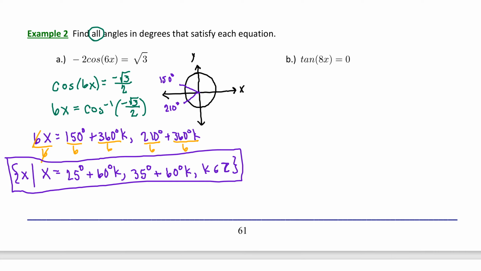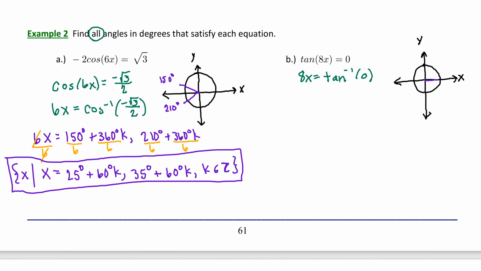All right, let's try a tangent equation. On example 2b, notice the tangent function is already isolated, so we can immediately apply inverse tangent to both sides. So 8x will be evaluated as inverse tangent of 0. So I need to find the angles on one rotation of the unit circle in degrees where tangent is equal to 0. Recall that tangent is the y-coordinate divided by the x-coordinate.